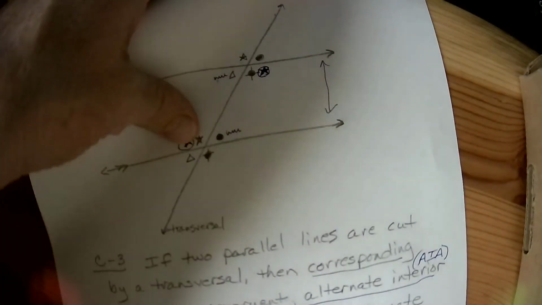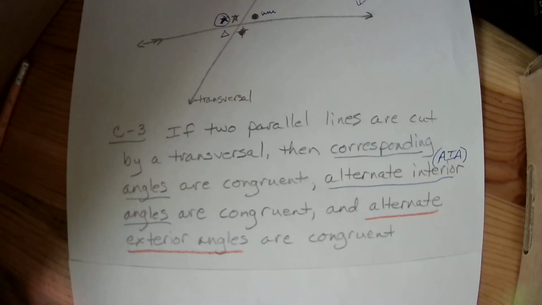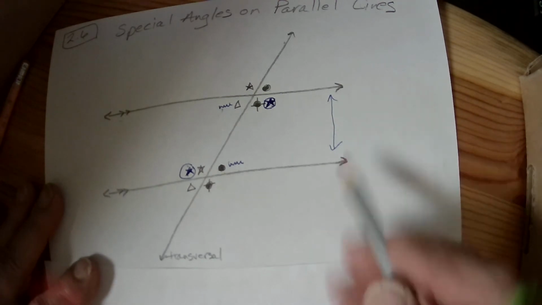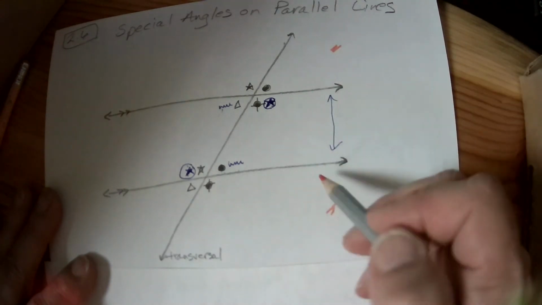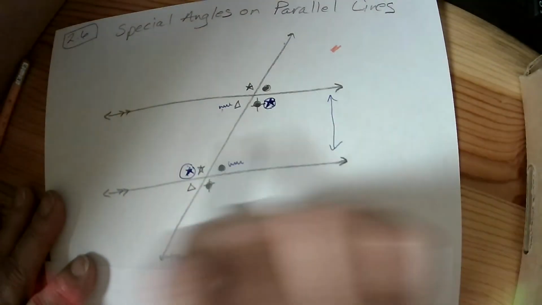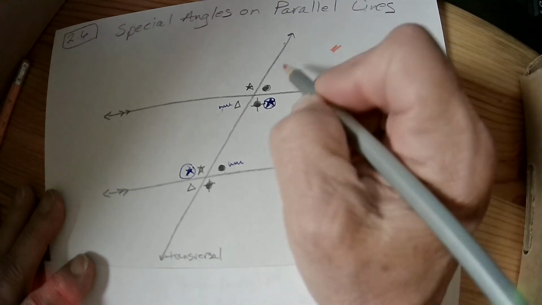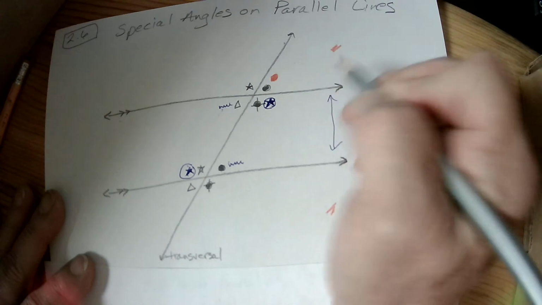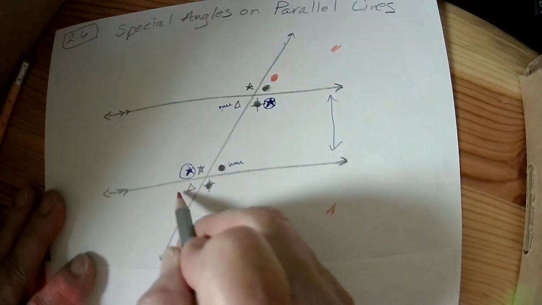And then the last pair that we're going to talk about are alternate exterior angles. So this time, the angles that we're talking about are going to be on the outside of the parallel lines, on alternate sides of the transversal. So if I have one up here, it's going to be on the other side, down here.